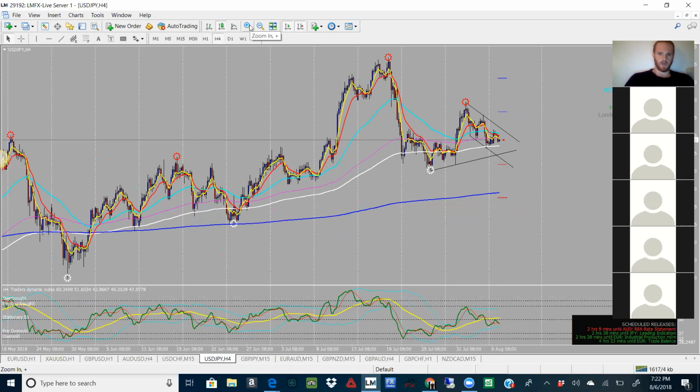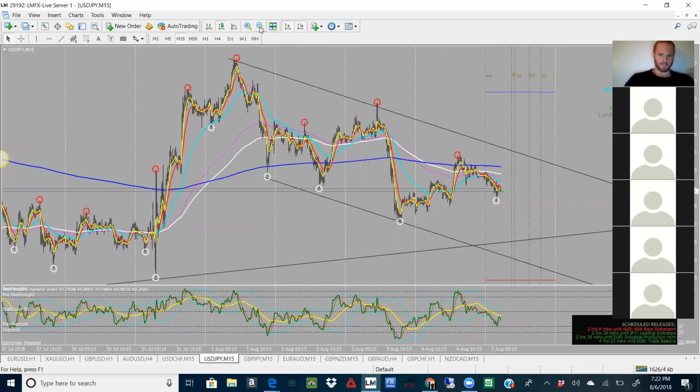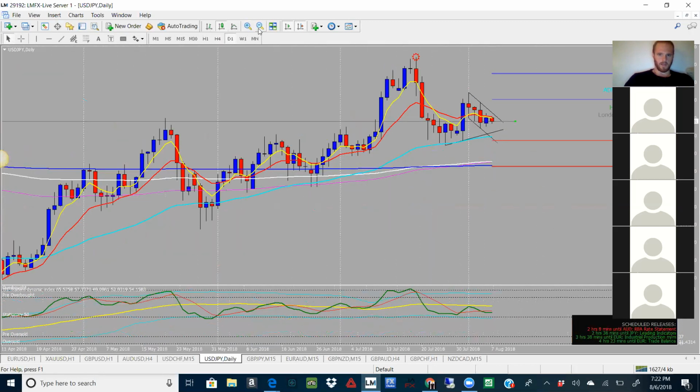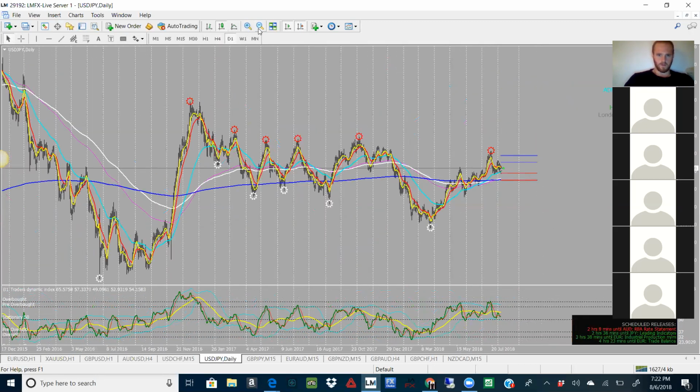What else? Yeah, that's what I see for UJ. Like I said, I don't really see this thing completely overall dropping. I think it's due. I think it broke this trend line too. Yeah, look at that.